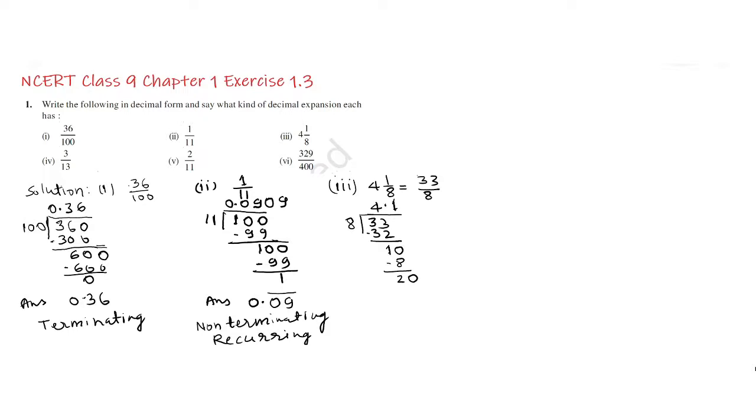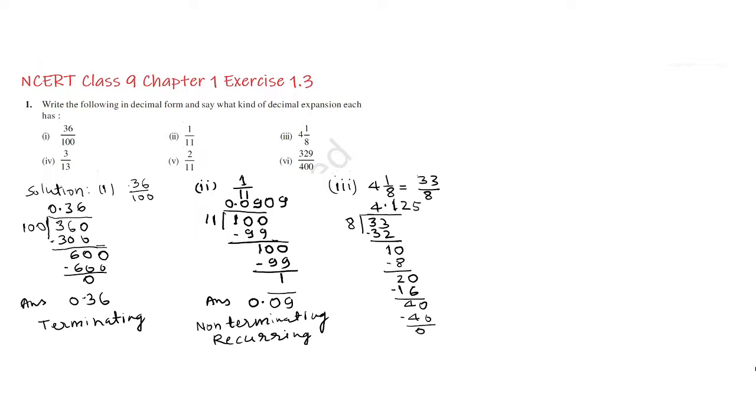We carry 0. 8 times 2 is 16. Remainder is 4. We carry 0. And 40 divided by 8, 8 times 5 is 40, and the remainder is 0.